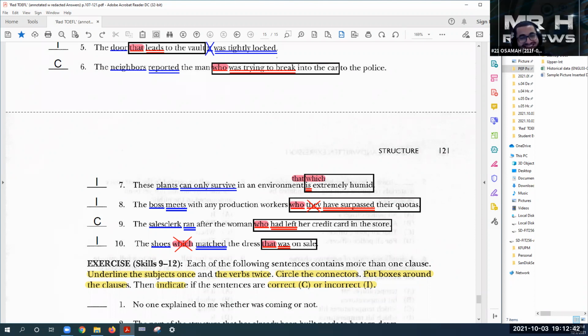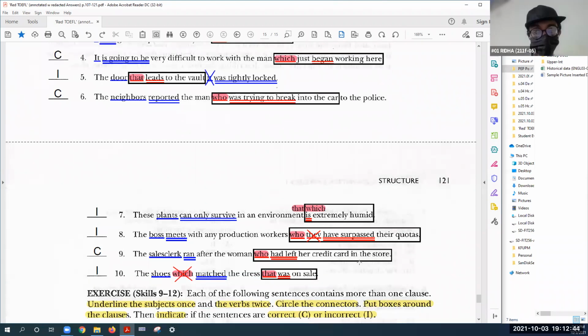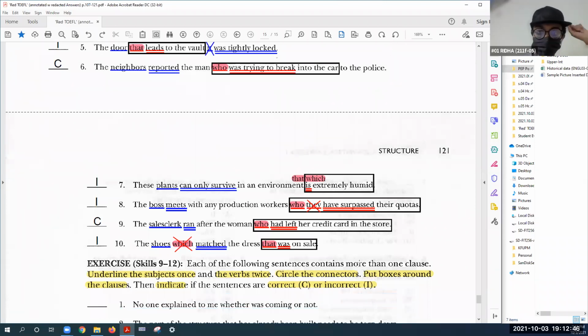Mr. Rich, here in the last sentence, can we use was, or should we use were? Because the shoes is plural. Rita, so you didn't listen carefully. So this is plural, right, Rita? Yeah, shoes is plural.